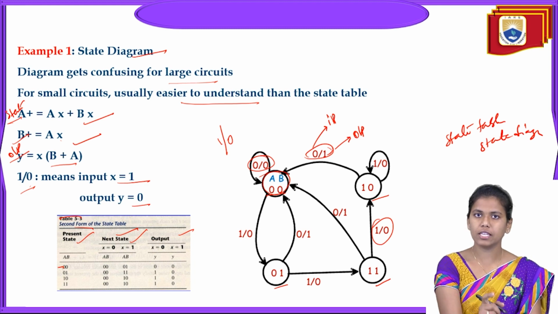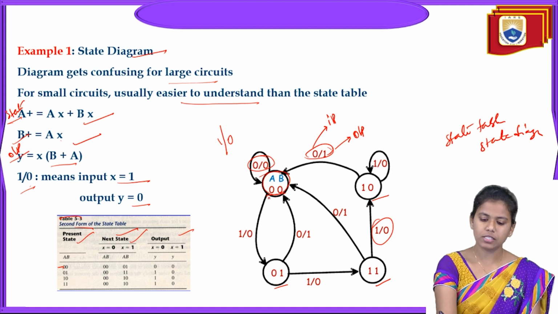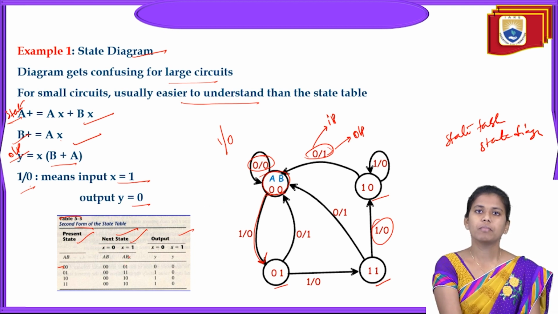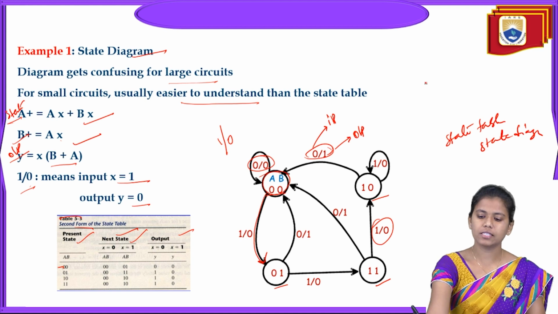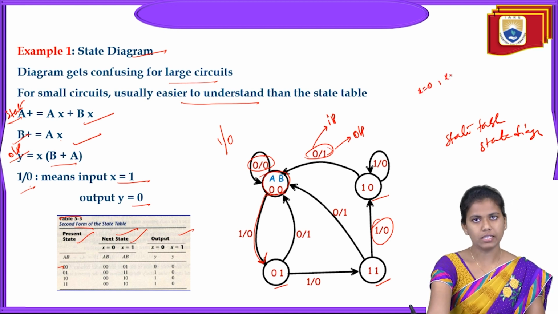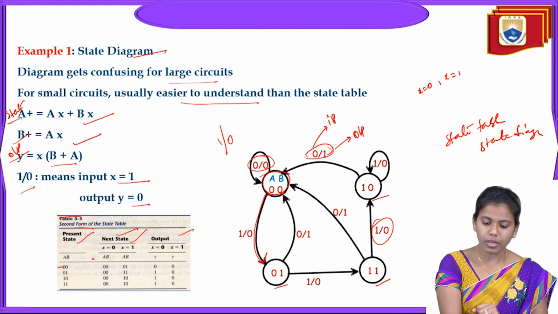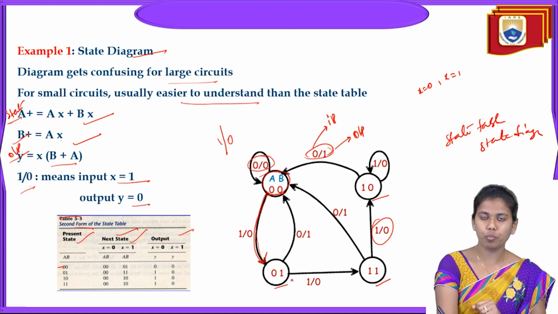When the transition is taking place from 0, 0 to 0, 1. See, 0, 0 to 0, 1. Next state. So here when X is equal to 0 and X is equal to 1, for my next state I can take X as 0 for one state, and X as 1 for the other state. So when it is from 0, 0, A and B, it is taking its transition from 0 to 1.